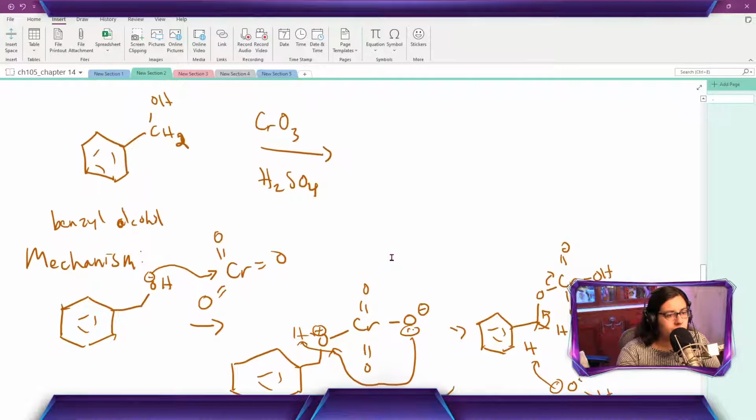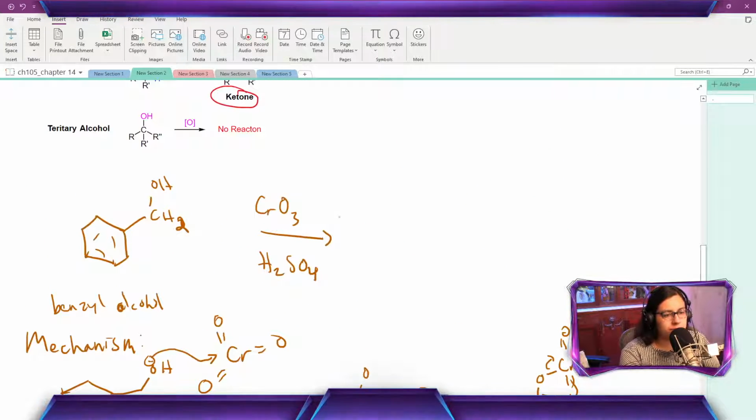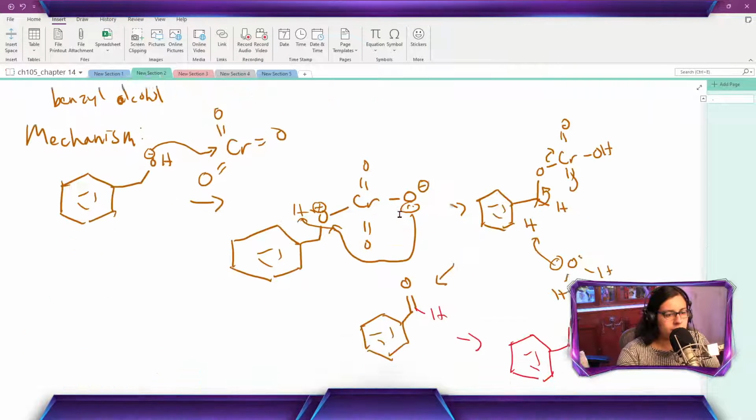Whereas in this case, this did two oxidations and took this all the way to the carboxylic acid.